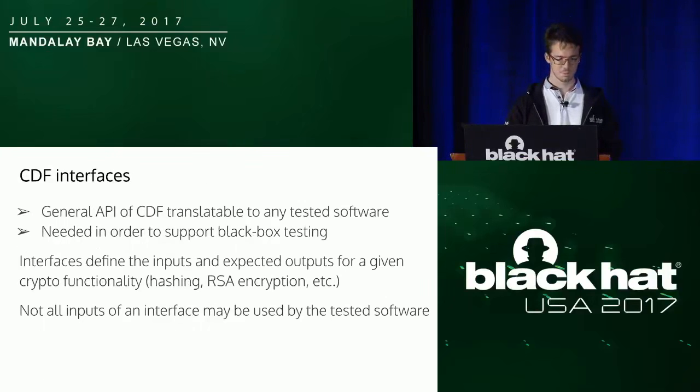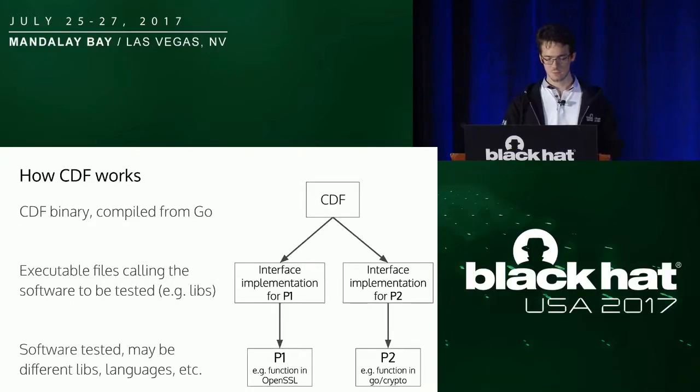So the CDF interfaces are really generic APIs in command line. We will do something more AFL-like later with file-based APIs, but it's not there yet. It's completely black box, so you don't need to instrument your executables. And it's really silly, the interfaces. They won't do anything fancy.